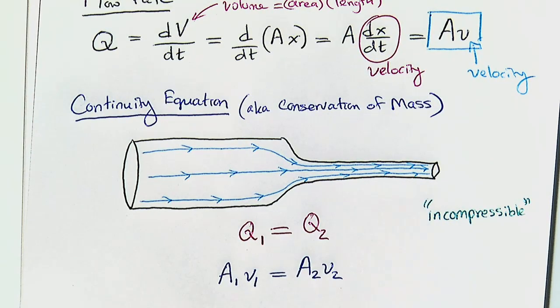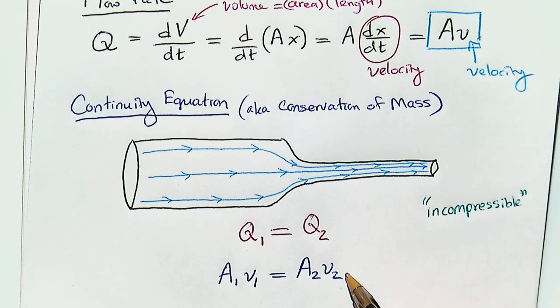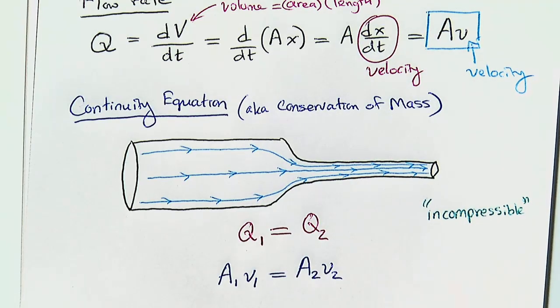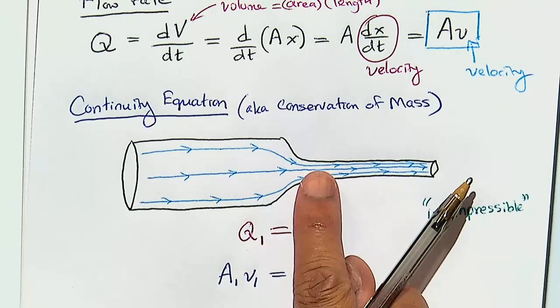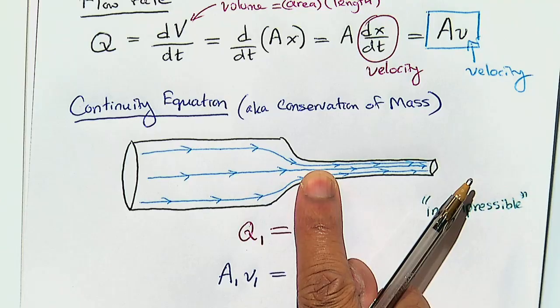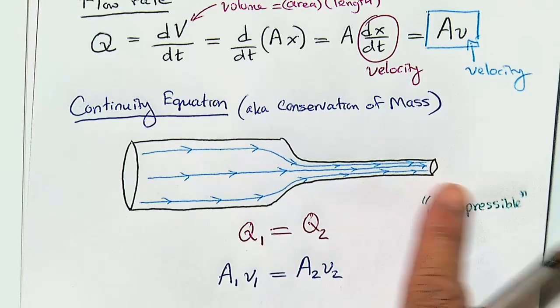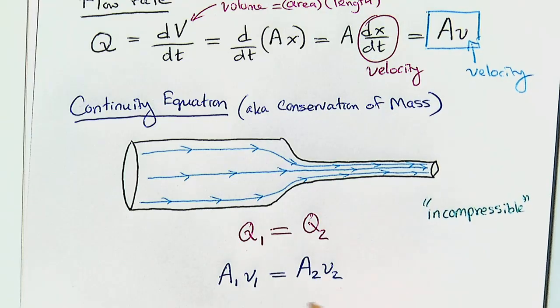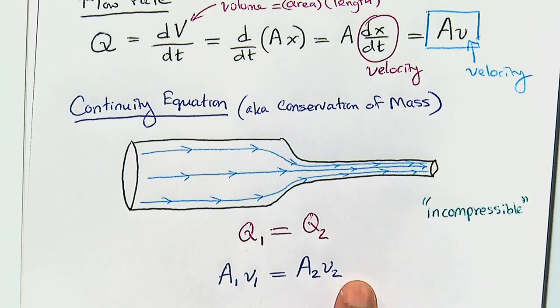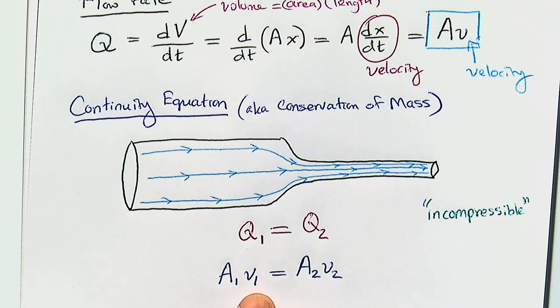This gives you the idea, maybe from playing with your garden hose, that if you squeeze one end of it, the flow gets faster. That's what you're seeing here, because if area 1 is larger than area 2, for this to be equal, velocity 2 must be larger than velocity 1.